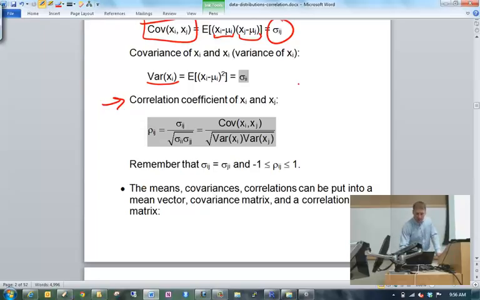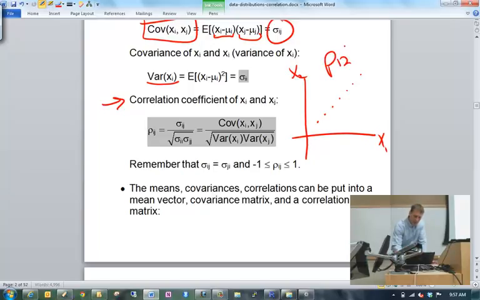So in other words, let's say you have your entire population, somehow you knew it. If I had something that looked like this, all my data values for x1 and x2, notice as x1 goes up, x2 goes up by exactly the same amount. This would correspond to rho sub 1,2 equal to positive 1.